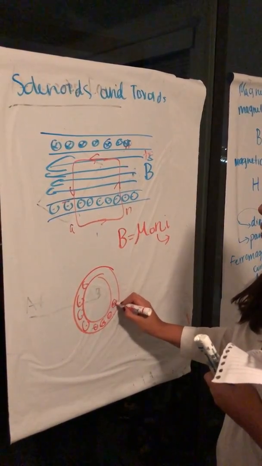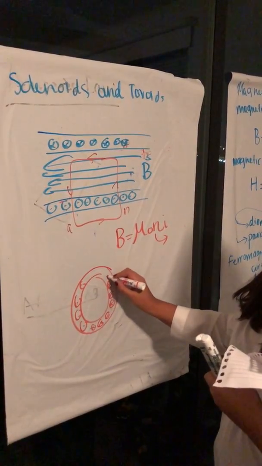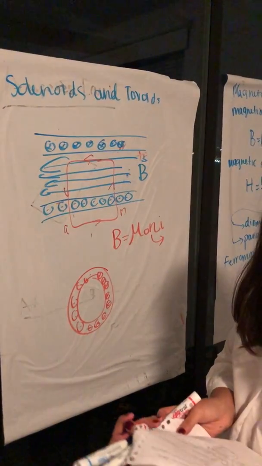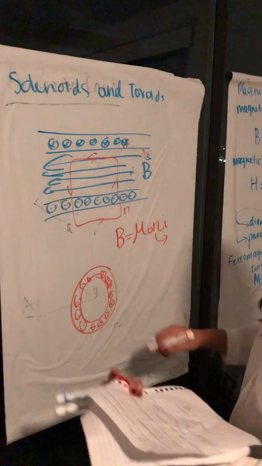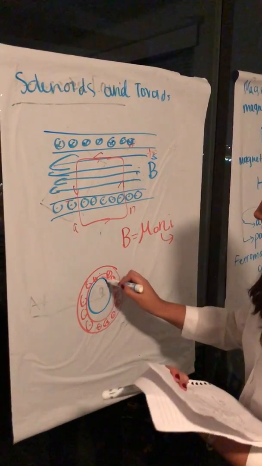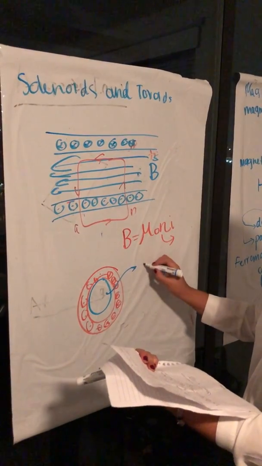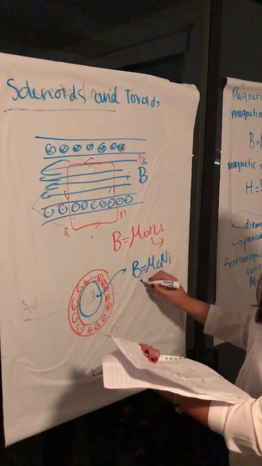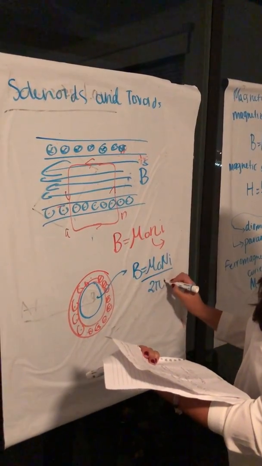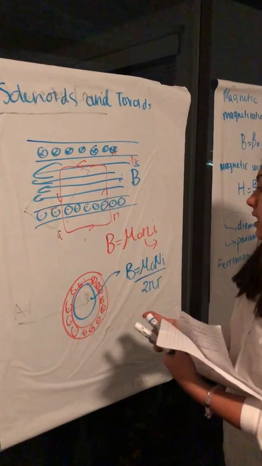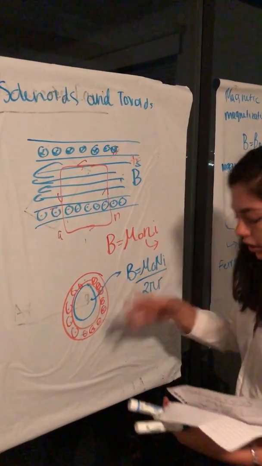That's when we have a toroid, and it has a cylindrical symmetry. We can find this, again using the Amperian trajectory. So now, this is how we would find the magnetic field in a toroid.